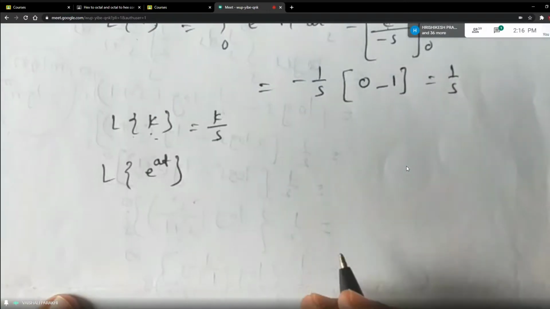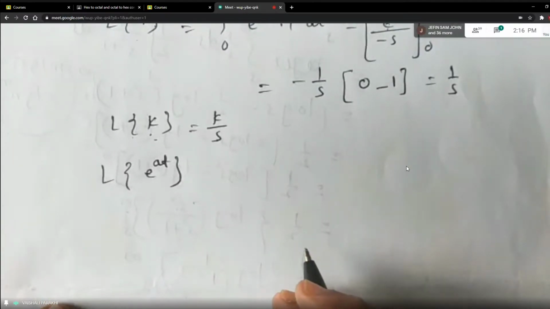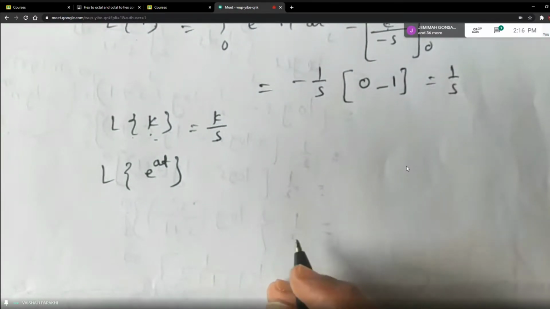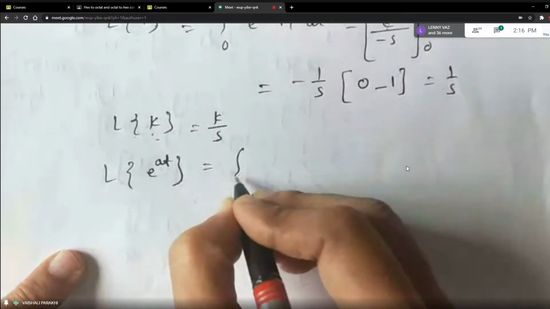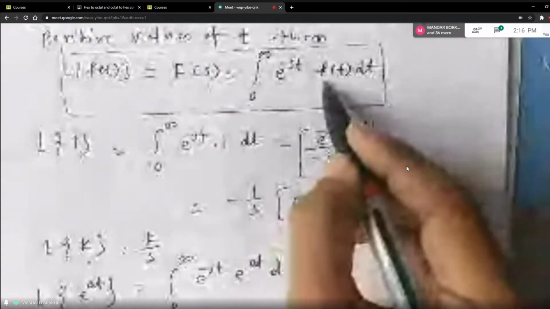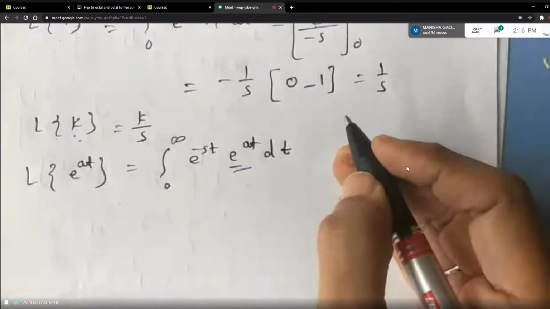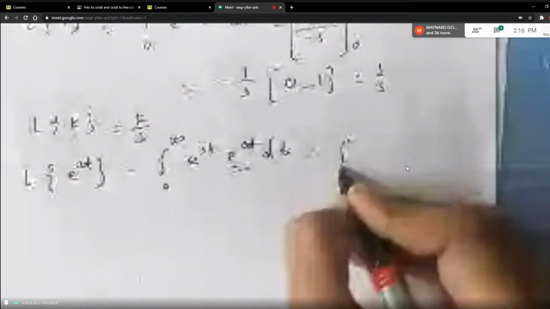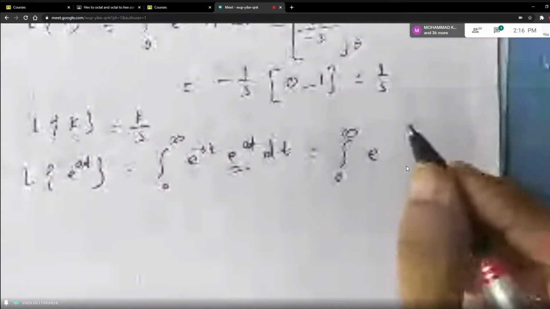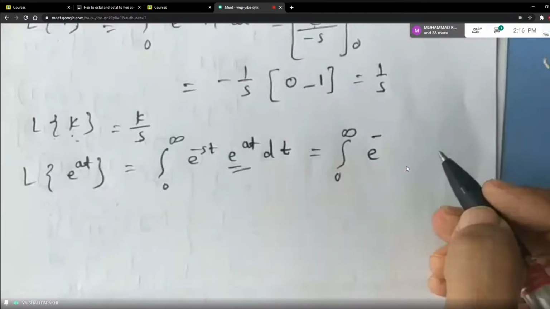Now, suppose I want to find the Laplace transform of an exponential function, e raised to at, where a is a constant. So how to find the Laplace transform of this function? Here, students, we replace f of t by e raised to at. Same formula I am using. Wherever there is f of t, I am putting e raised to at. Now to solve this integral, we combine these two terms, because when the base is the same, you can add the powers, but I am taking care to take the minus sign out.